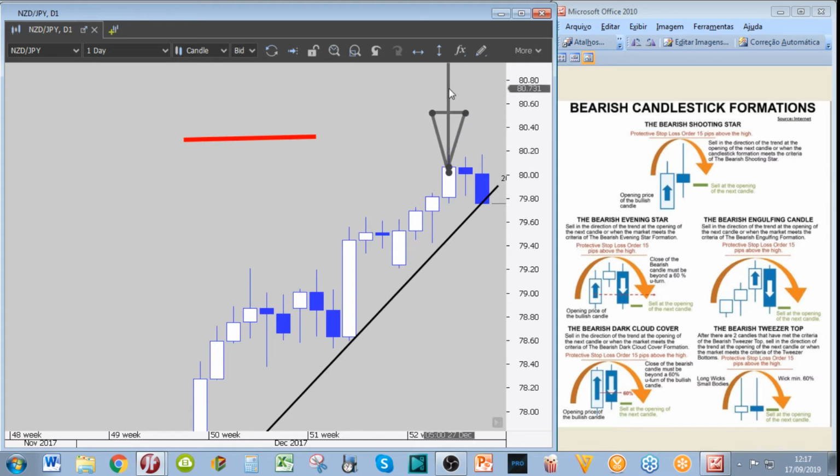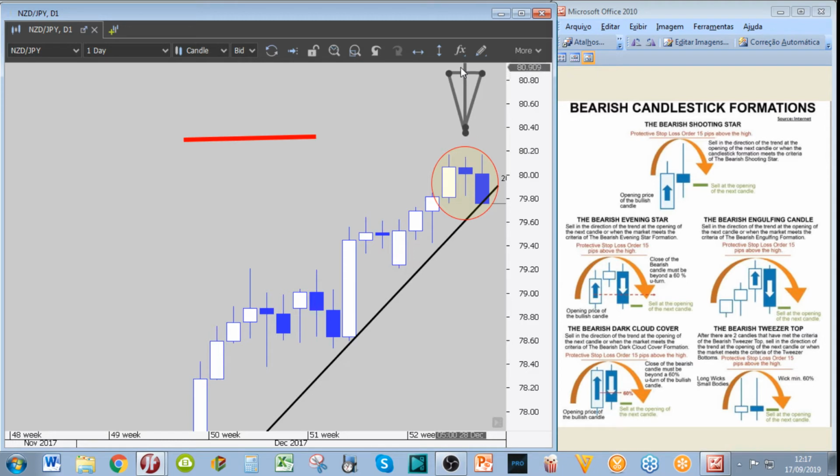The question, is this one the bearish evening star? What do you think? Is this 1, 2, 3 a bearish evening star? Remember, one is theory from the picture, which you can find on the internet.